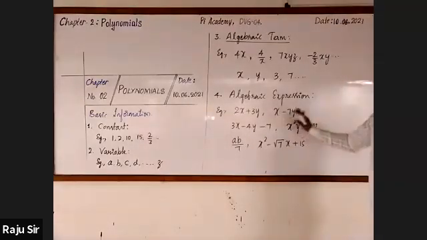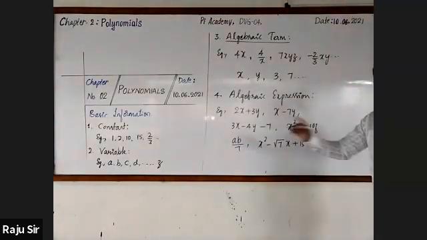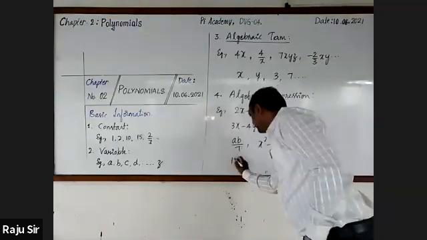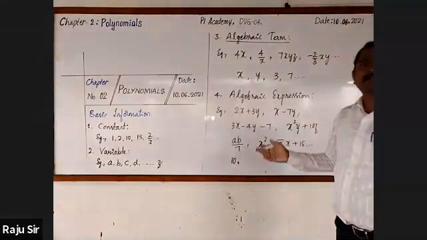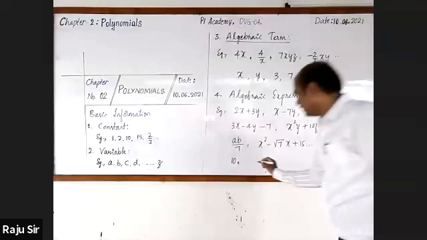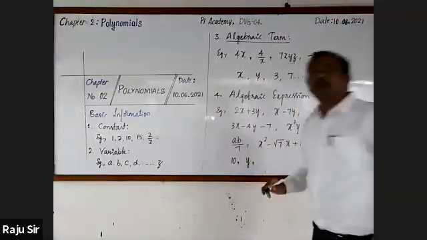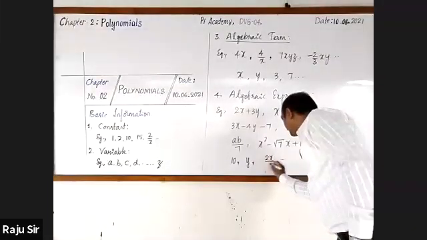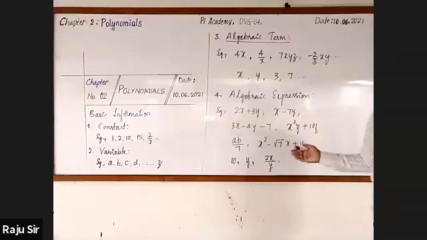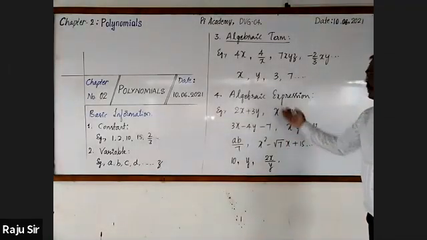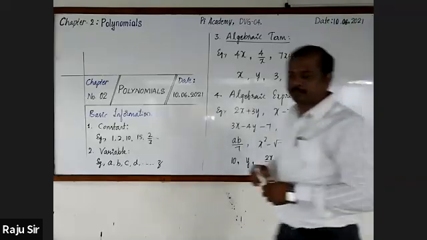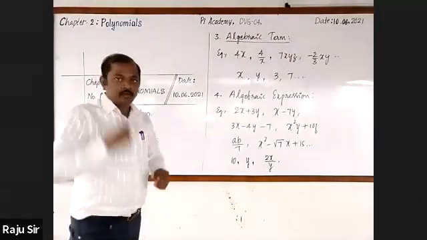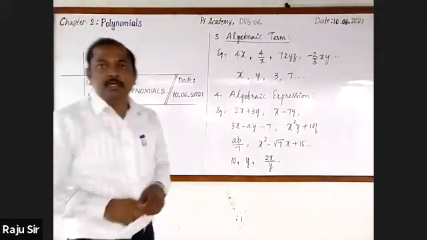So these are all algebraic expressions. In addition to those, I'll take a few more examples. You may also write 10. We know that all constants are algebraic expressions. Then I'll write only y. All variables are algebraic expressions. Then 2x by y. All algebraic terms are algebraic expressions. Hope that you have written.